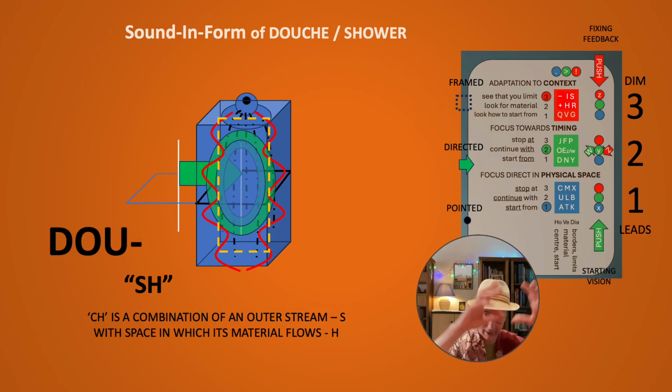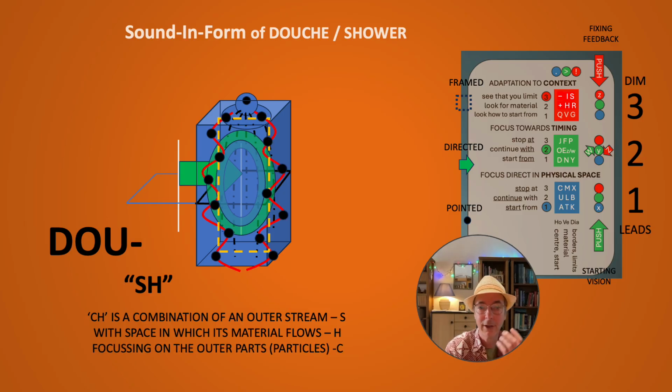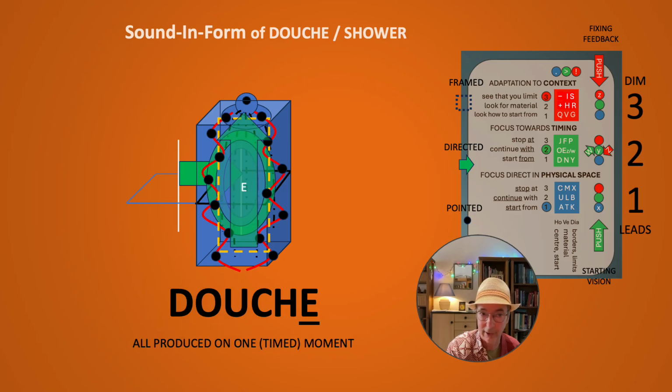That's the frame in which that fits. So the S with the H, but it's also with the C, and C is about the physical borders and the physical in that way. If you follow the S and the H, it will follow the outer particles, where you only sense the outer particles, exactly how you sense the water there.